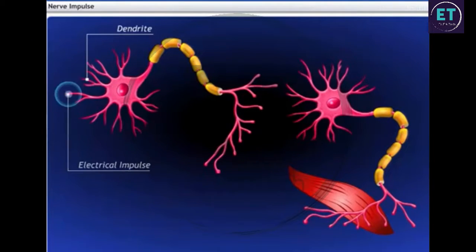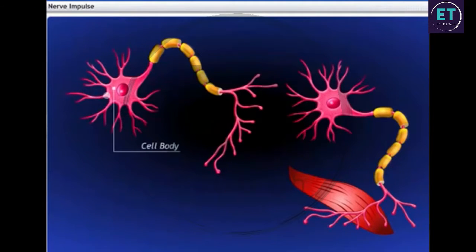When a neuron is stimulated, the dendritic tips of the nerve cell generate a tiny electrical impulse. This impulse travels from the dendrite to the cell body and then along the axon to its end.